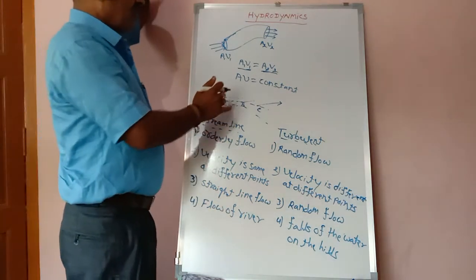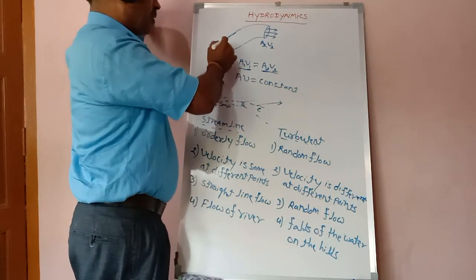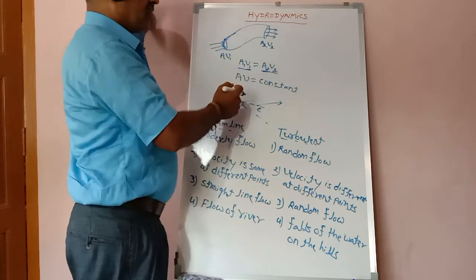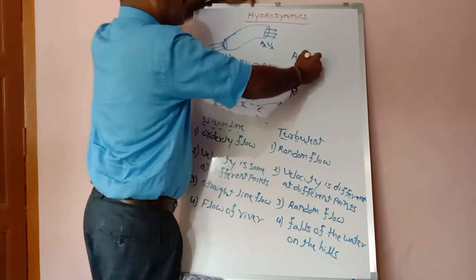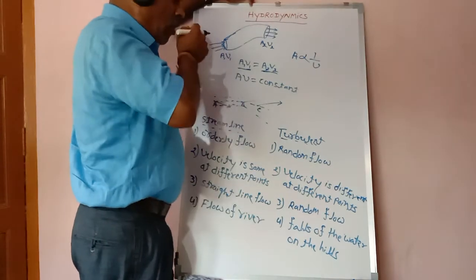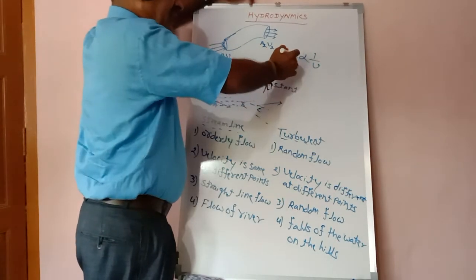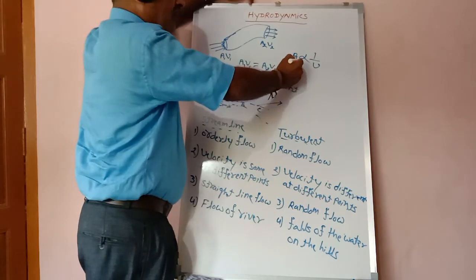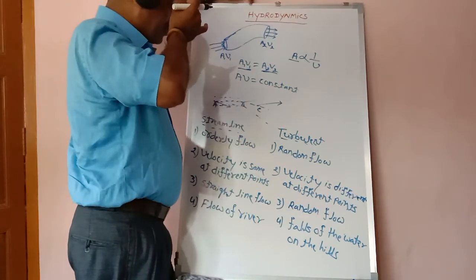Where the area of cross section is smaller, the speed is more. Therefore we write like that. This is also correct. Where the velocity is smaller, the area of cross section is more. Therefore the area of cross section is inversely proportional to the speed of the fluid.